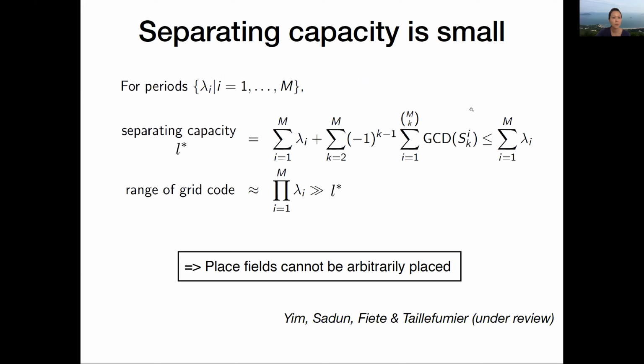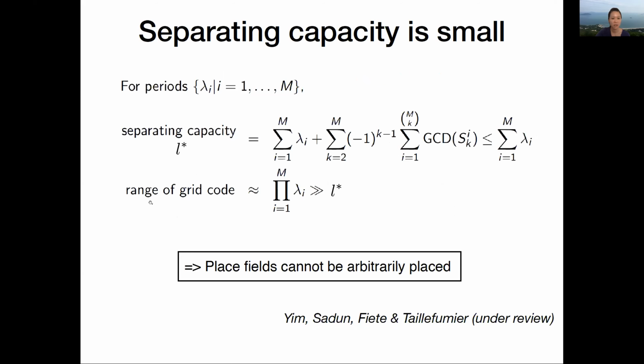Given m grid modules with periods from lambda 1 to lambda m, we derived a formula for the separating capacity using the inclusion-exclusion principle. I'm not going to show you the derivation today. I just want to point out that it is bounded from above by the sum of periods.